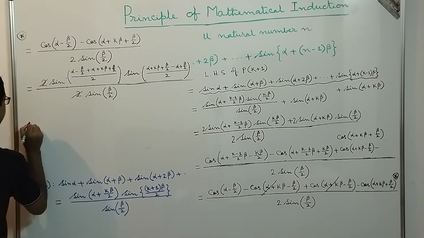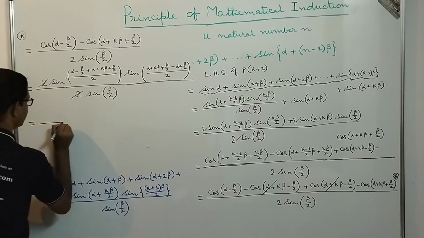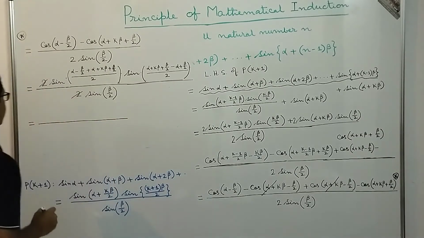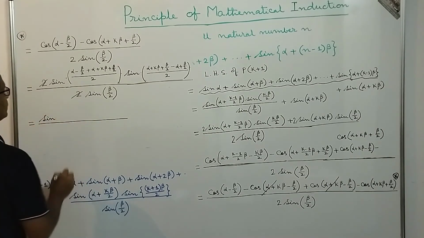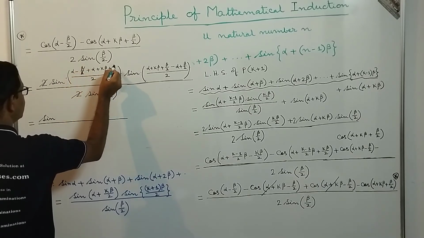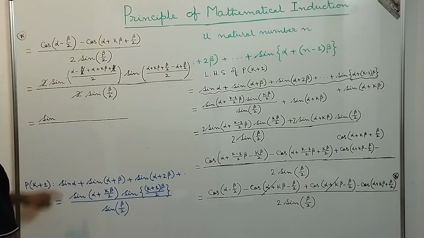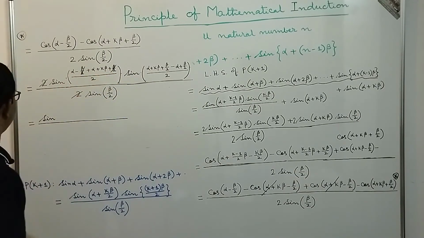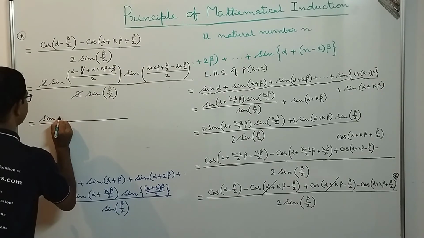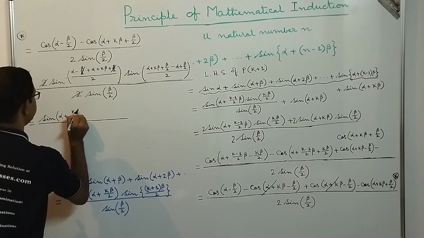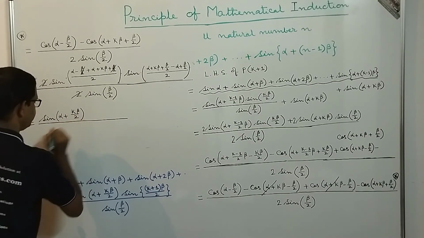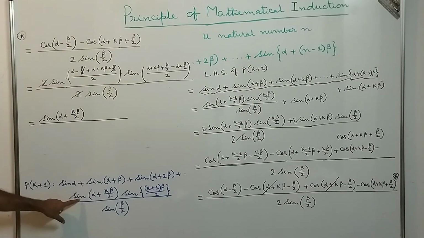So what we are left with here is that in the numerator we get sine of 2 alpha plus k beta by 2, as beta by 2 and beta by 2 get cancelled, or we can write that as sine of alpha plus k into beta divided by 2. So we started getting, you see, what we need to prove, the first expression in the numerator.